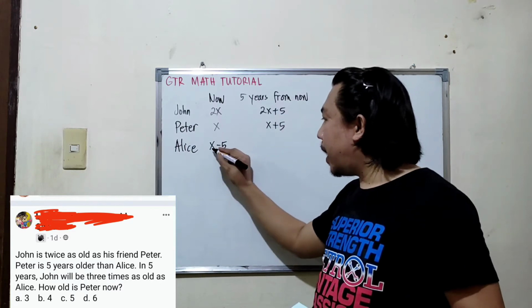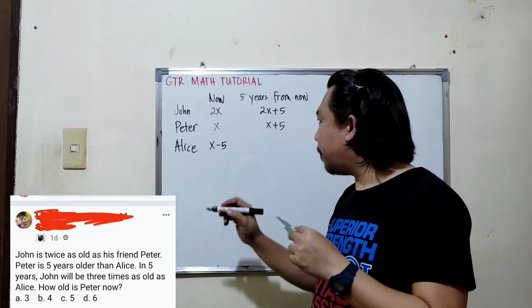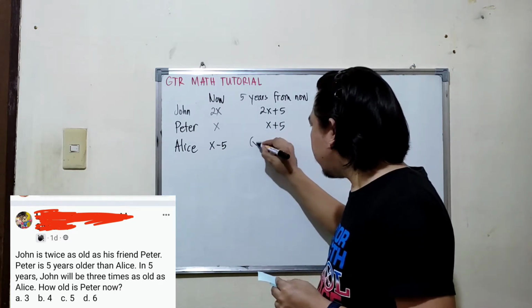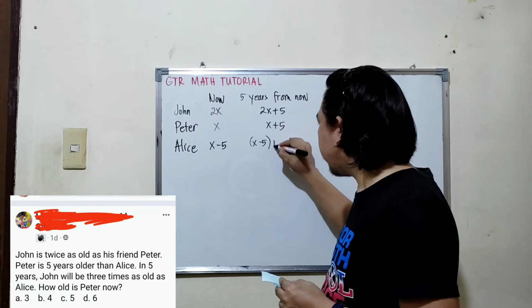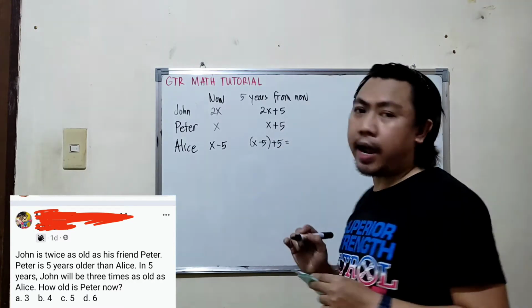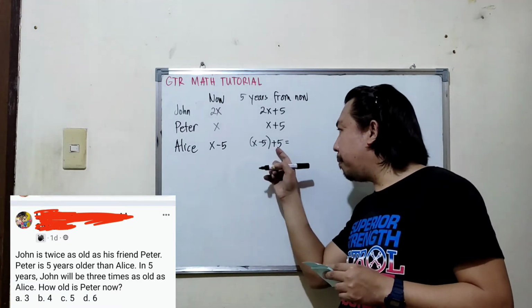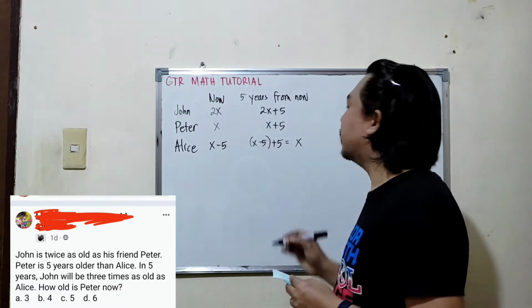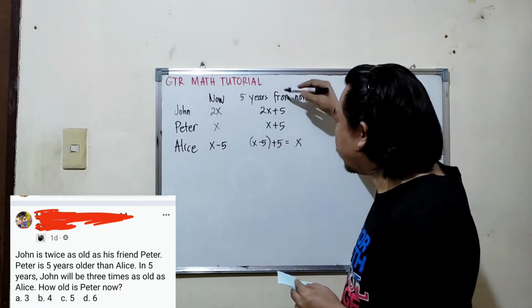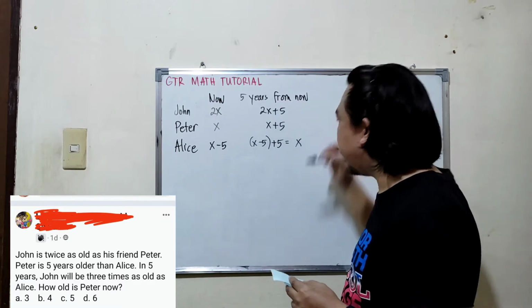And for Alice, x minus 5, we add 5. So, we have x minus 5, enclosed in parentheses, plus 5, simplify, negative 5 plus 5, so it becomes just x. So, these are our expressions: 2x plus 5, x plus 5, and x.